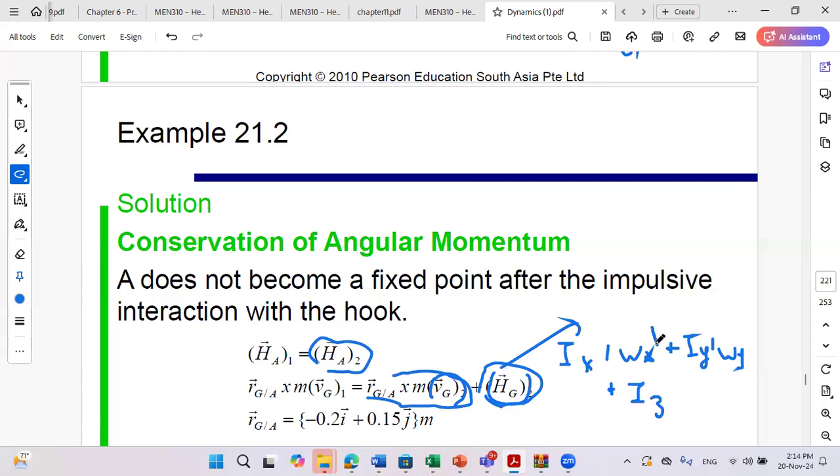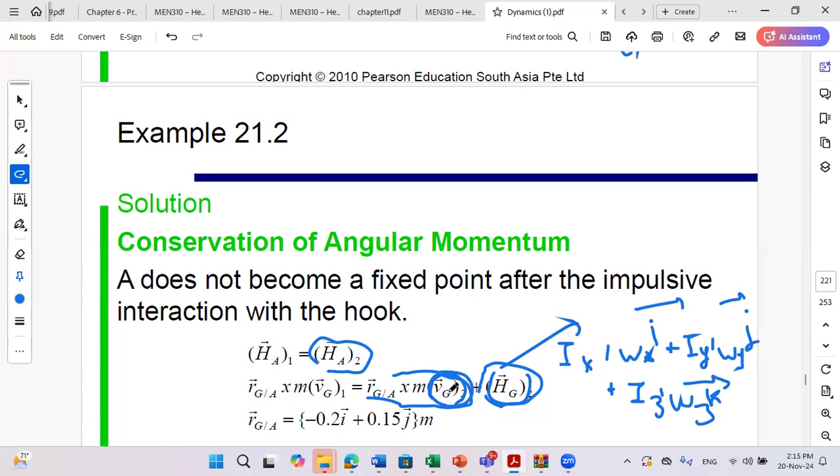This is along i, this is along j, and this is along k. Because we selected the system x prime, y prime, z prime in a way to have the products of inertia equal to 0, we are able to evaluate the angular momentum as a function of omega x, omega y, omega z. Now, what about VG at state 2?